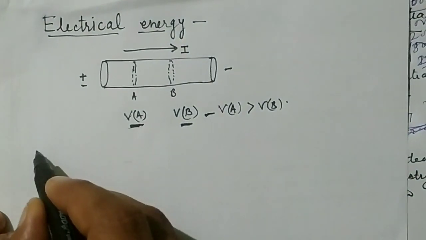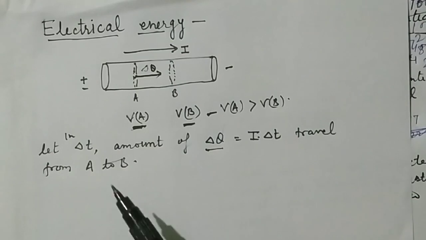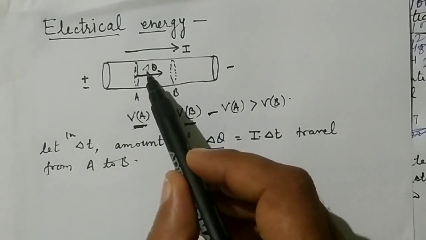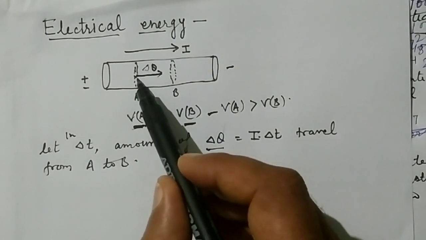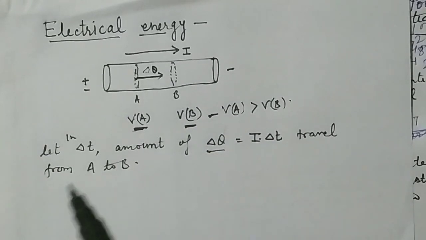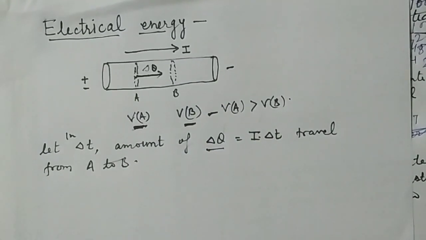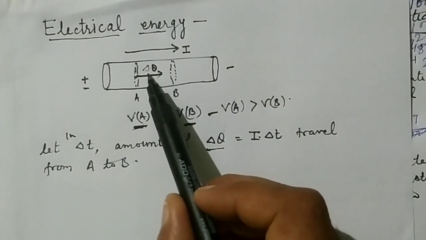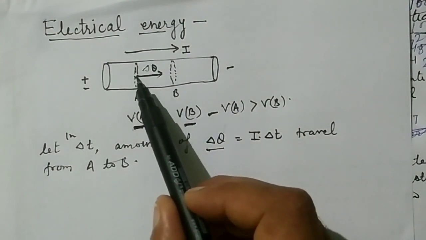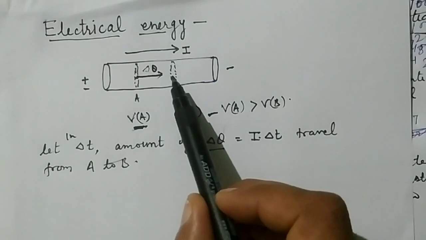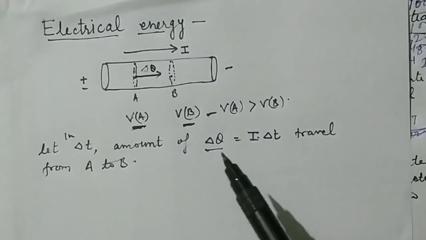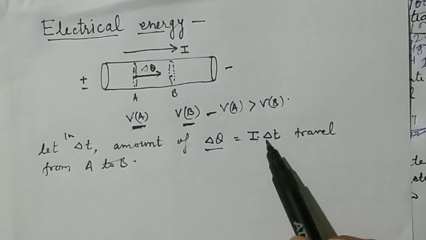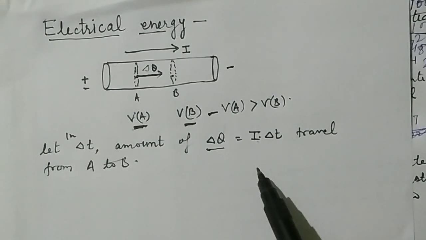Now let in delta t time, delta q amount of charge is moving from A to B. So delta q will be equal to current multiplied by the time.